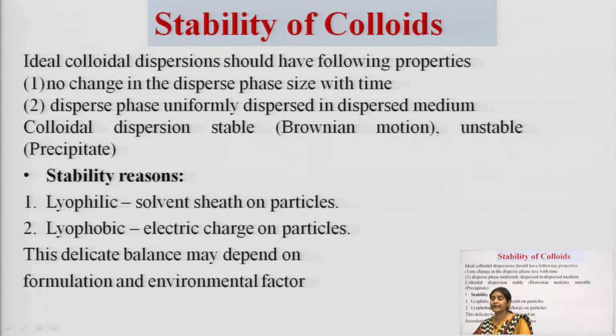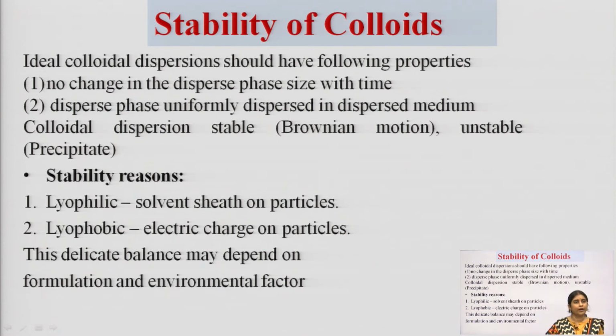Then comes your stability of colloids. Stability of colloids is a very important parameter, and an ideal colloidal dispersion should have the following properties. There should be no change in the dispersed phase size with time, and the dispersed phase should be uniformly distributed, uniformly dispersed in the dispersion medium.